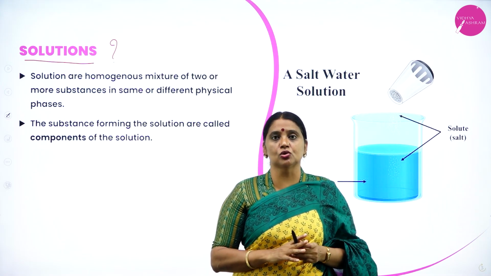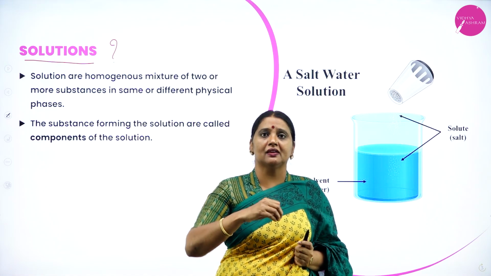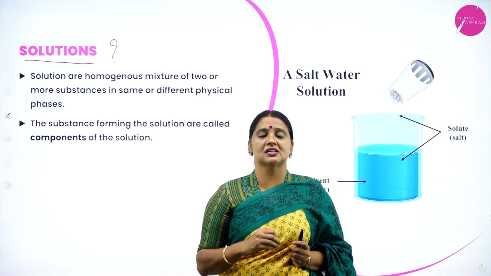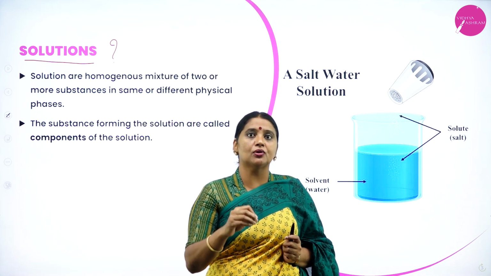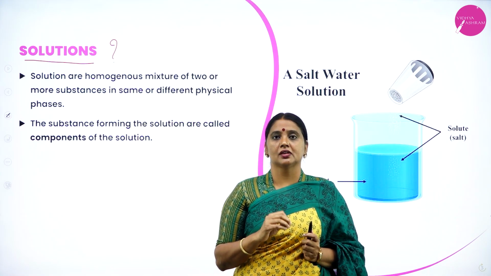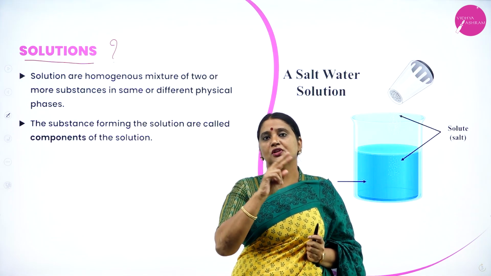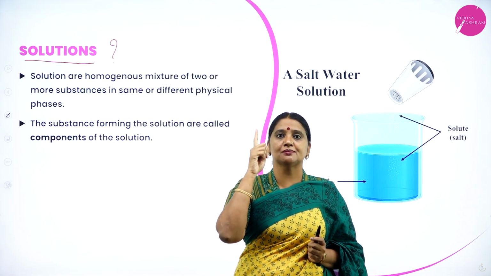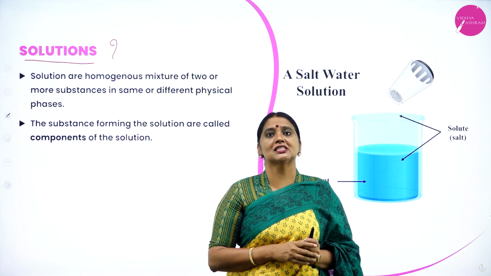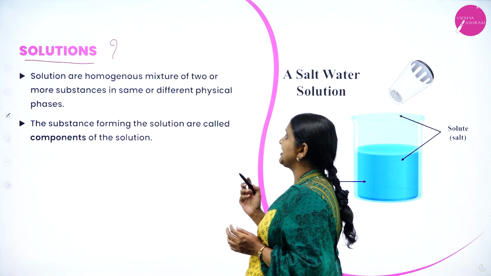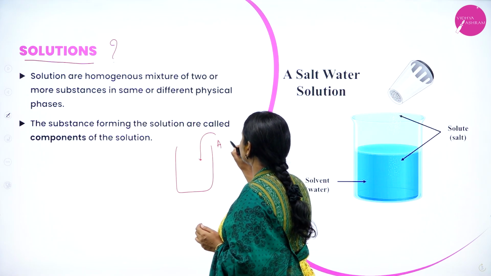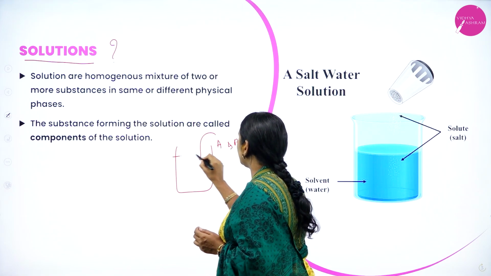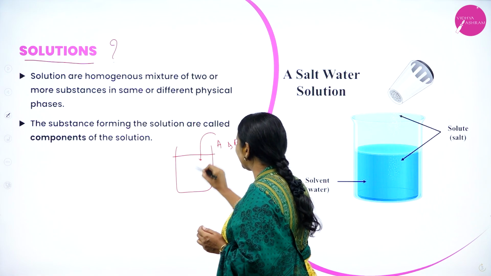What exactly is a solution? In the first PUC, in the first chapter of physical chemistry, under some basic concepts of chemistry, you learnt about mixtures. There are two types of mixtures: homogeneous mixtures as well as what? Heterogeneous mixtures. Homogeneous mixture means when you add components A and B, you observe only one phase or one layer.